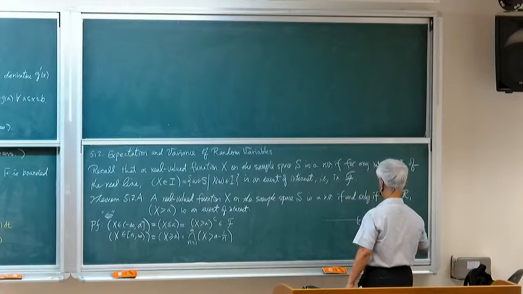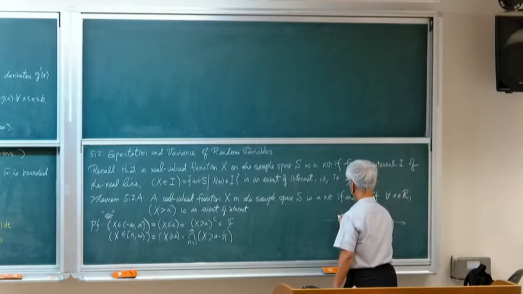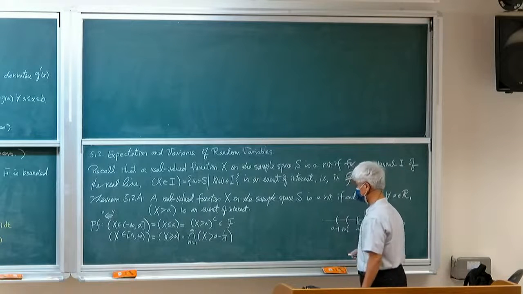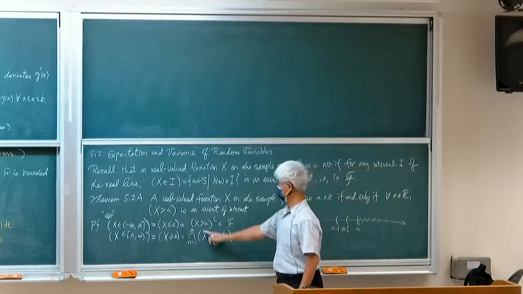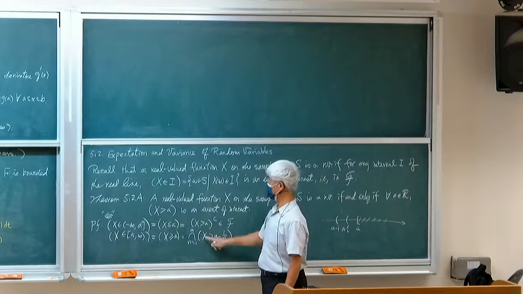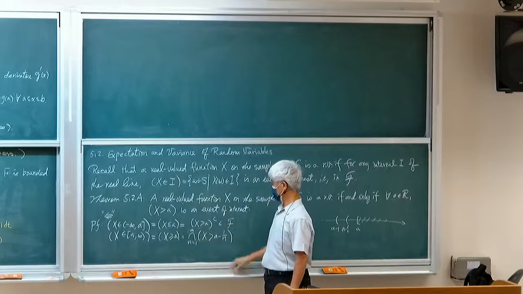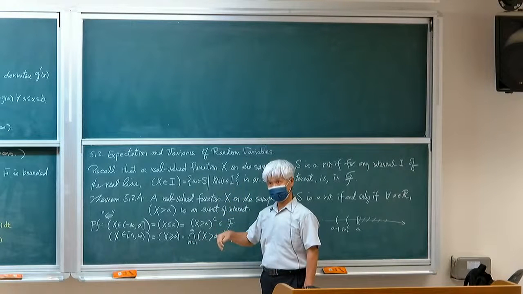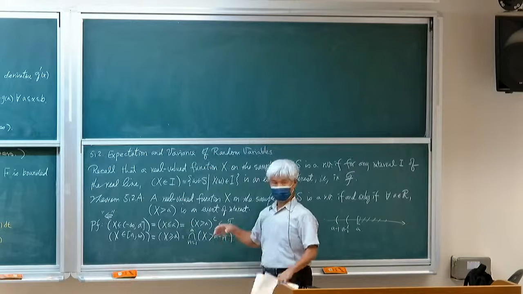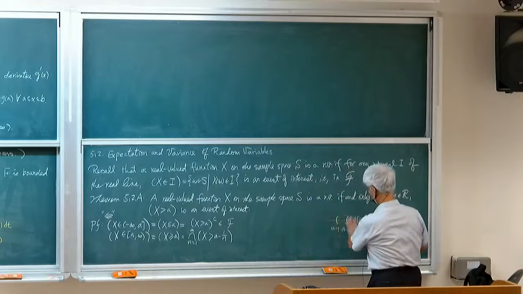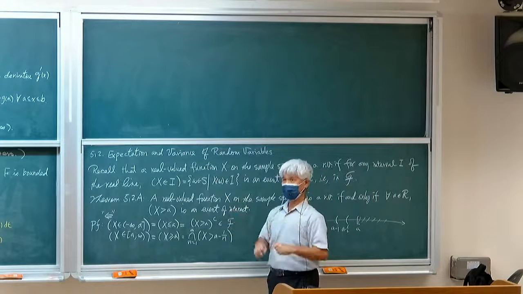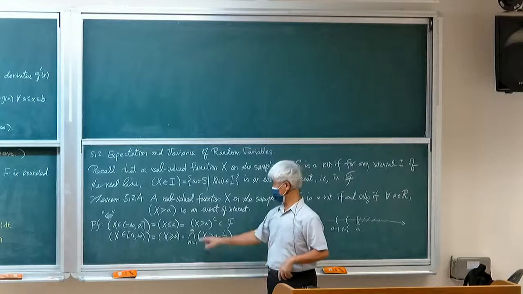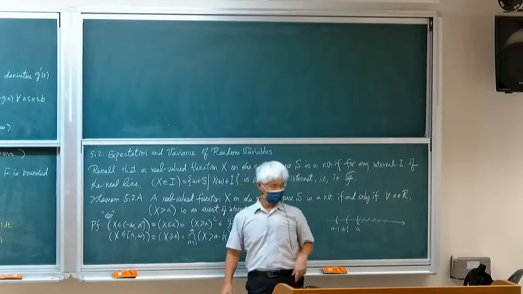Here is a minus 1, here is a minus 1/2, etc. As n goes up, these events become smaller and smaller, shrinking, and when we take the intersection, it is exactly equal to this subset.